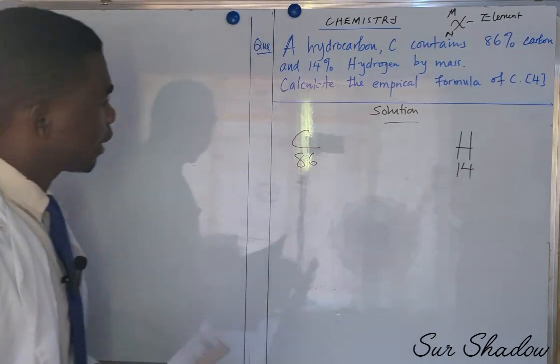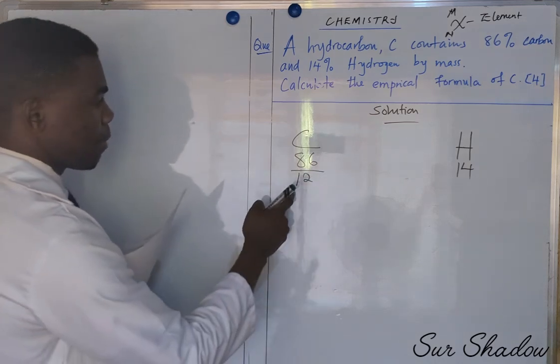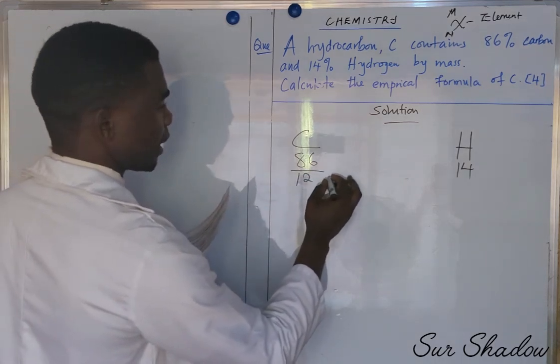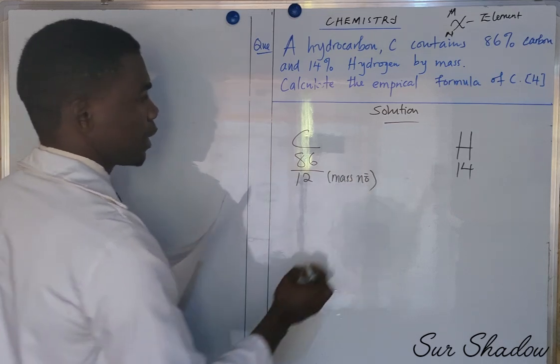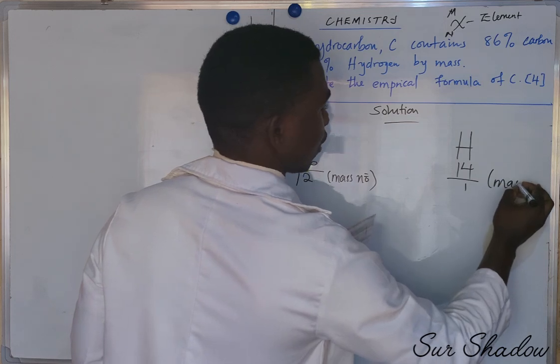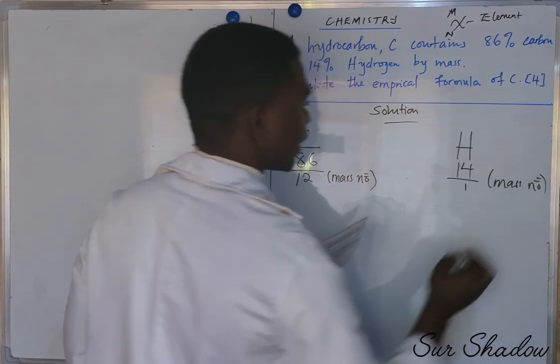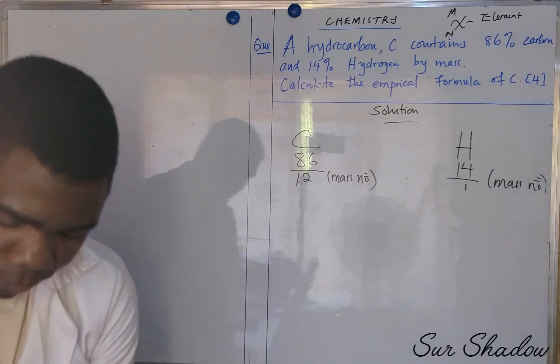So from there, I have to divide by 12, right? That's the mass number. Then I divide here by 1. That's also the mass number, right? From there, I have to divide now.